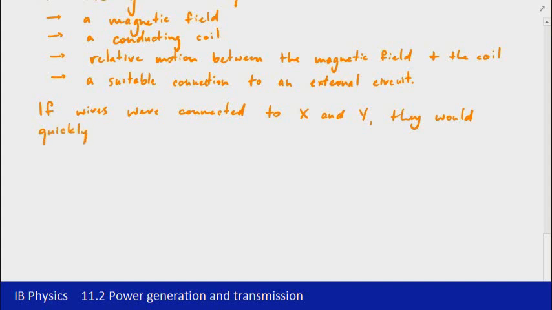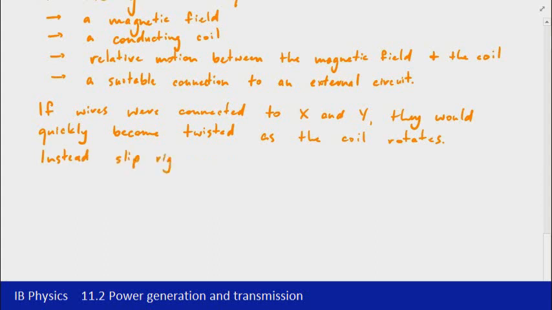So that's not going to be particularly useful if we're trying to generate electricity and we've got the wires that are connected becoming twisted, and so it's not a particularly useful scenario. And as a result, we need to have a different suitable connection to the outside world or to an external circuit. And the way that that's done is using slip rings.